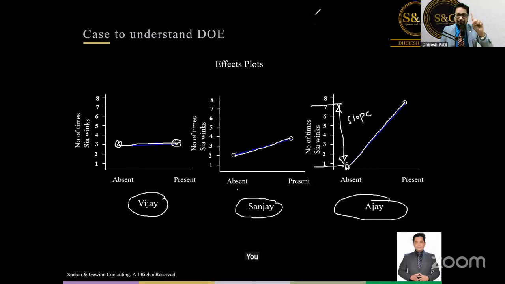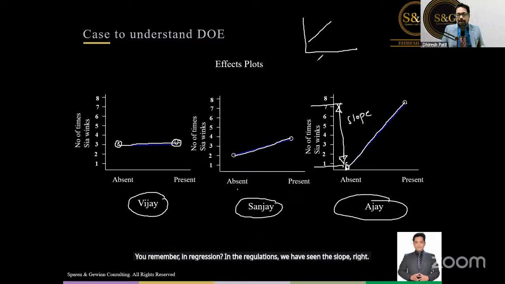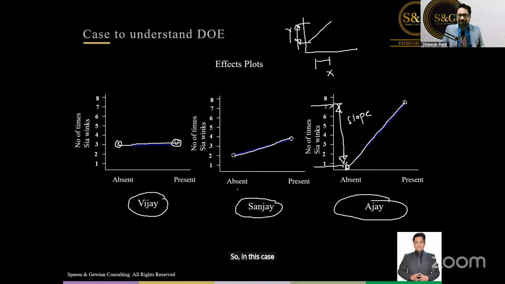You remember in regression we have seen the slope, right? Whatever the 1 unit change of x, how much impact it brings on y, this is called slope. So in this case, this 0 to 7, so 7 is the slope. That means we have only 1 unit, absent and present.